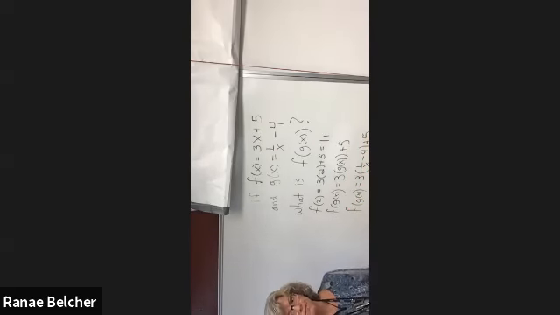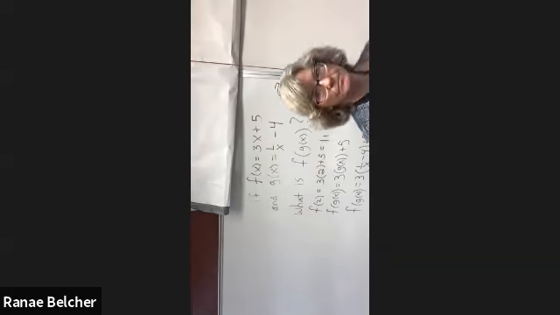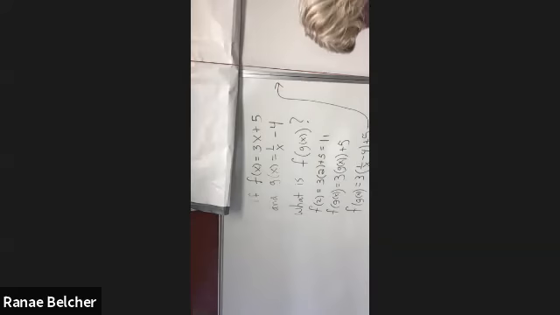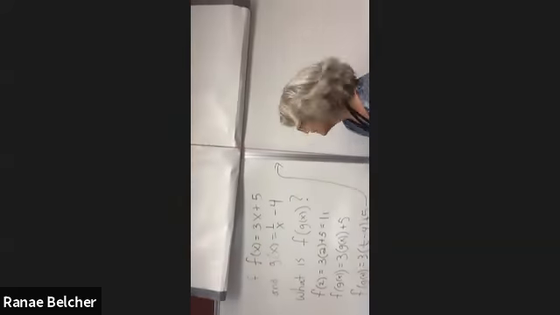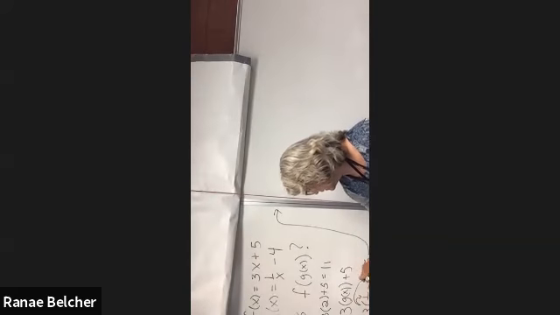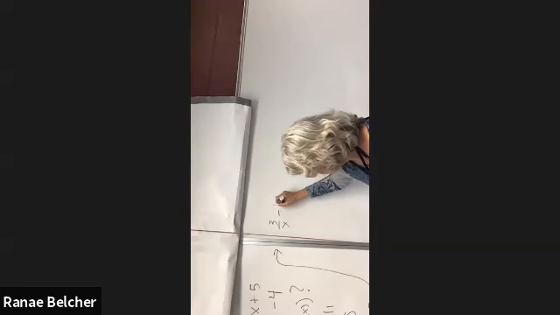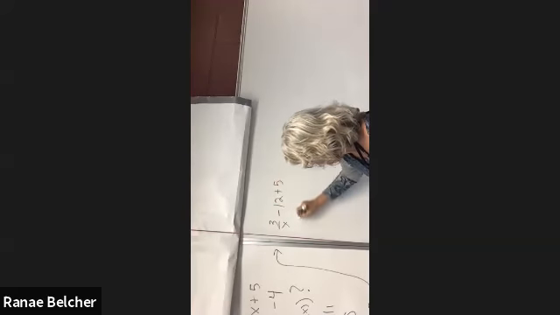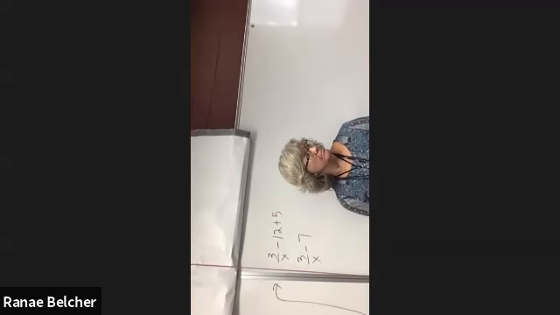Once you have that, you can distribute here and here, and you get 3 over x minus 12 plus 5, and sure enough, 3 over x minus 7. Does that make sense?